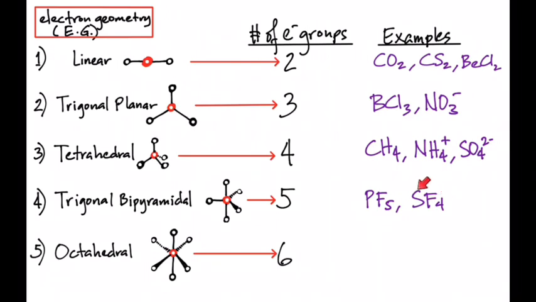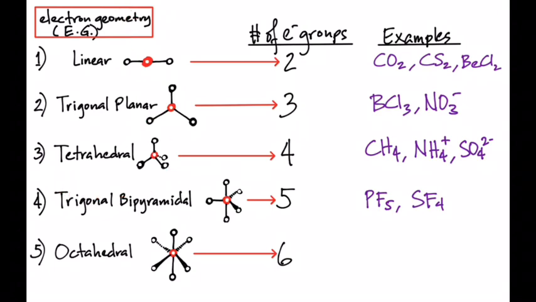Well, that must mean that the sulfur has a lone pair of electrons. So that lone pair counts as 1 electron group. And so you have 4 fluorines, that's 4 single bonds, plus the lone pair of electrons. So a total of 5 electron groups, which means that it's going to have a trigonal bipyramidal electron geometry.